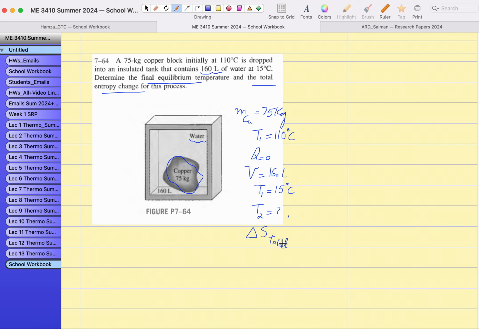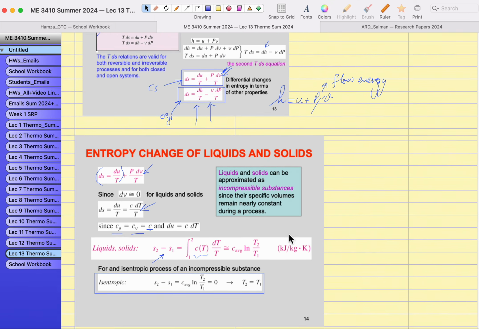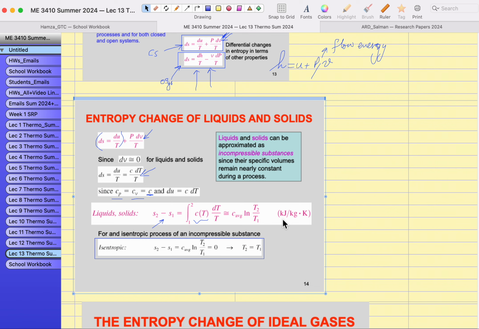So how would you find the total entropy change? That is equal to the entropy change due to the copper plus the entropy change due to water. We already studied the formula in the previous slides: for liquids or solids, the entropy change is m C average ln T2 over T1.